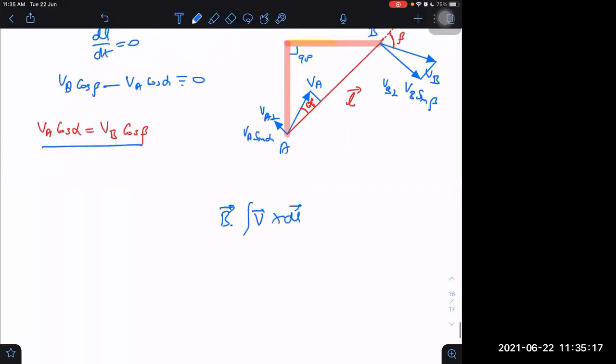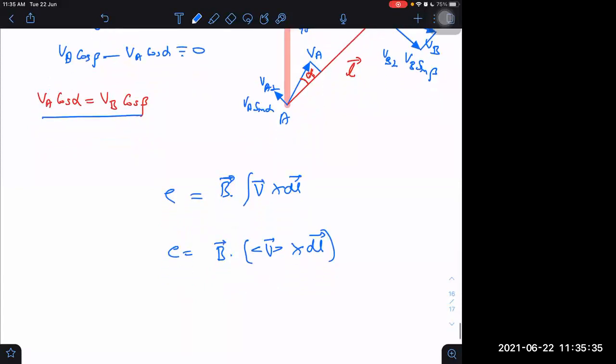But if velocities are linearly varying, then don't you think I can write V average cross B dot L? If velocities are linearly varying, then EMF will be like this also. DL won't be there, L it will be.